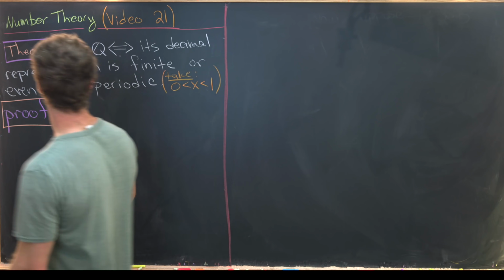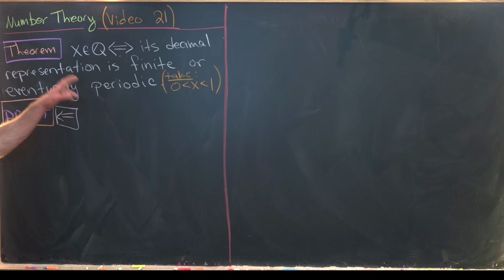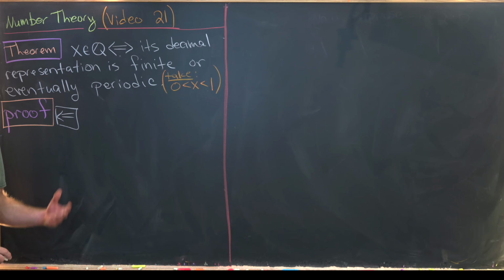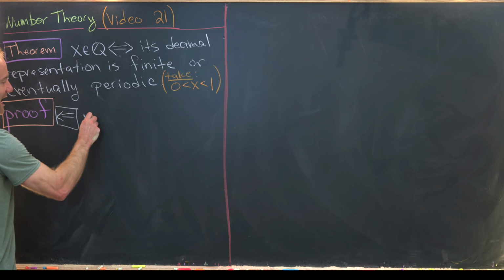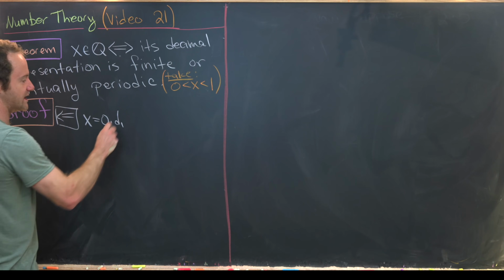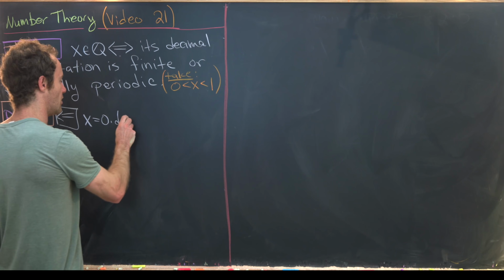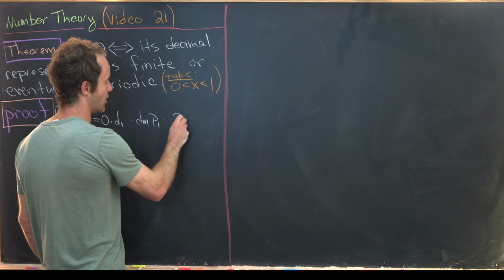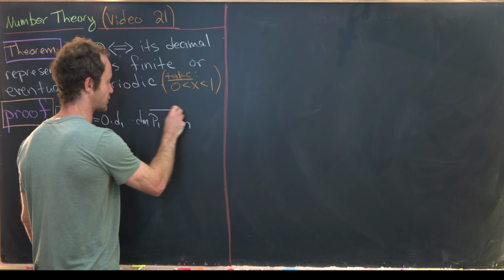Okay, so that means we want to assume that our decimal representation is finite or eventually periodic. So we'll in fact assume that it's eventually periodic, but that's really a more general case of finite, which we'll talk through after we write it down. Okay, so let's assume that x has the form 0.d1 all the way up to dm, and then p1 all the way up to pn, and then this repeats.